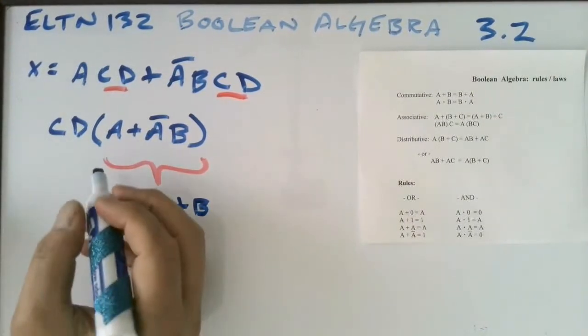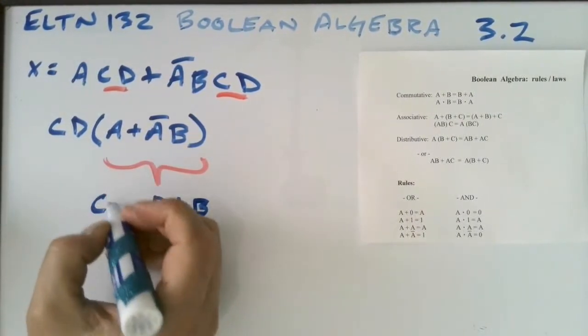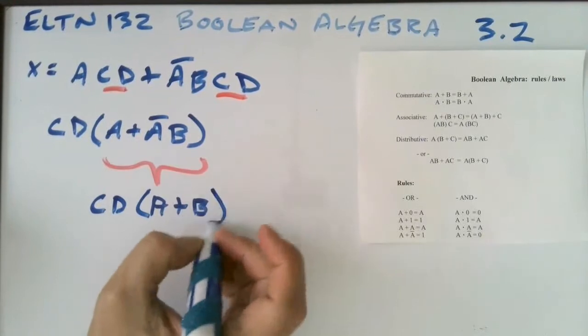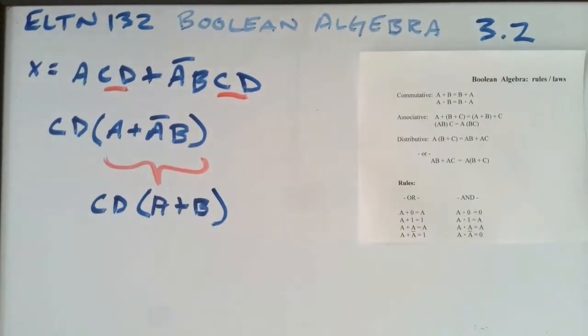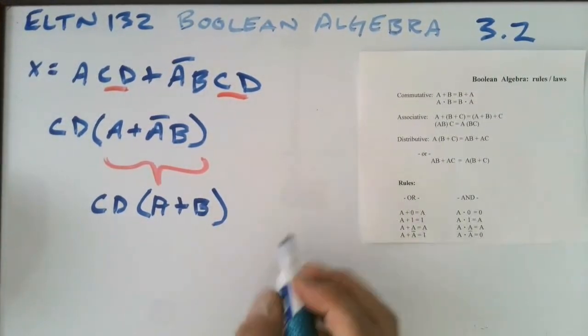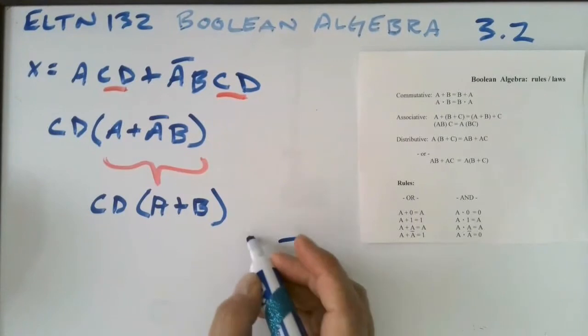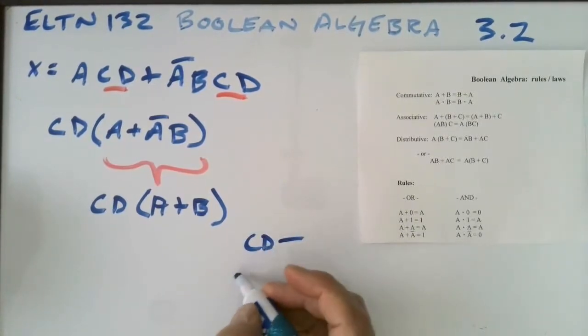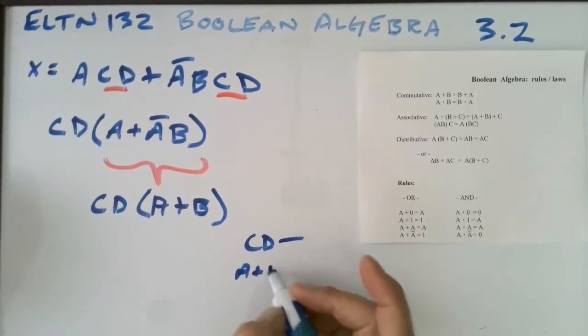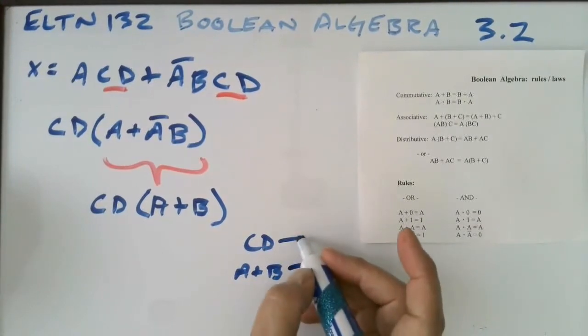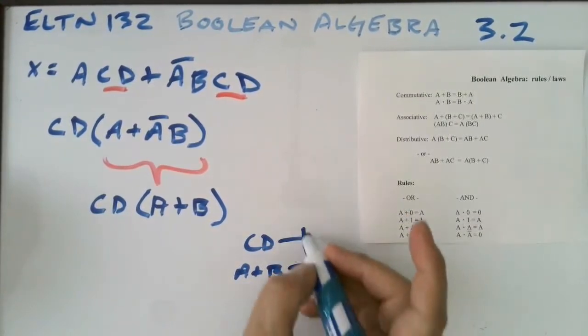And we're ANDing it with C and D. That hasn't changed, so we're going to have C and D here ANDed with this term. Now, the way that this is drawn here is the ANDing of two expressions here, kind of like this. We've got our CD and we have our A or B, and these two terms are basically ANDed together, big AND gate.